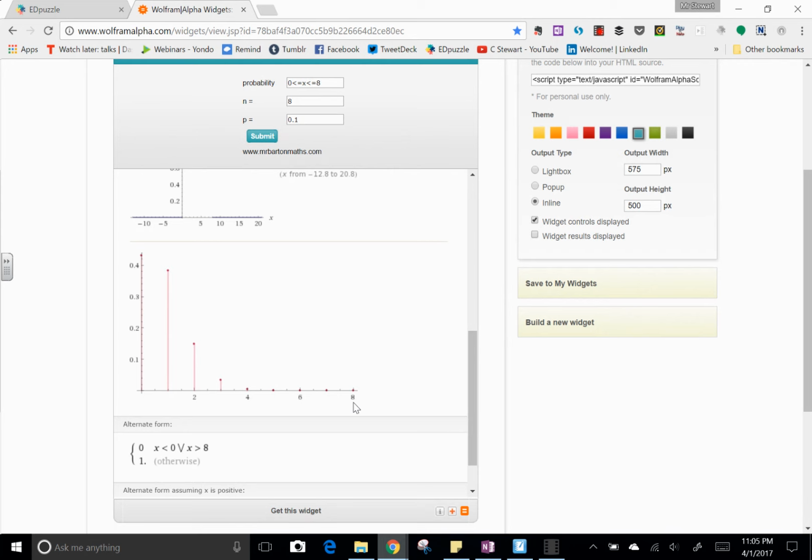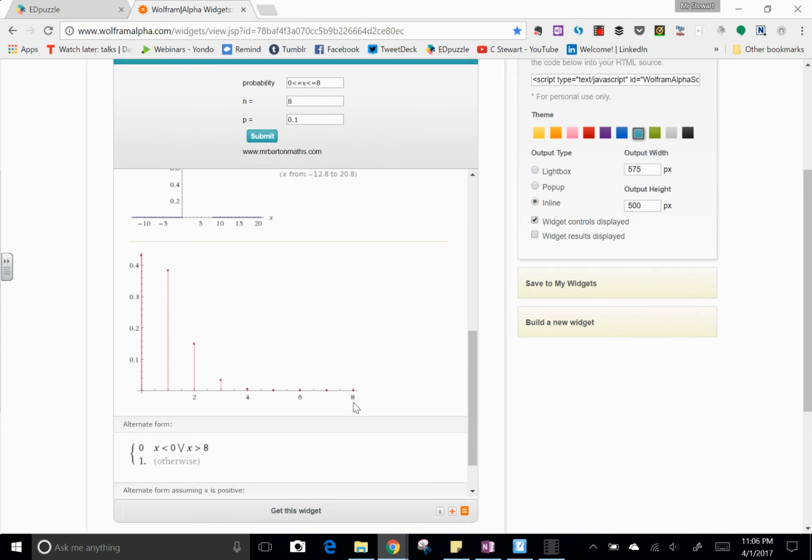So you can appreciate how, when you manipulate the value of p, you can really change the shape of the distribution, anywhere from being skewed to being a bit more symmetrical.